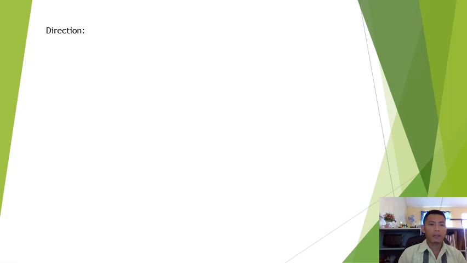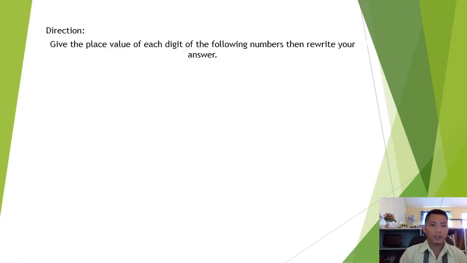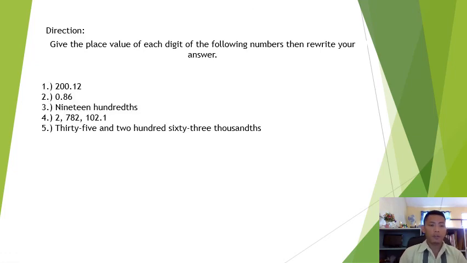The direction is just what we did a while ago. We're going to give the place value of each digit of the following numbers, then rewrite your answer. If it is in number form, rewrite it in words and vice versa. Number 1, 212 hundredths.